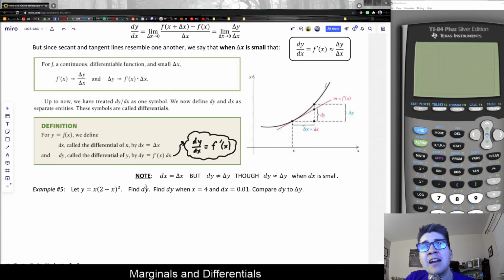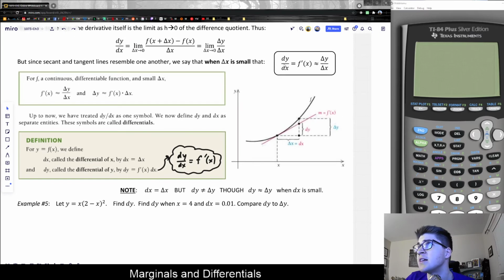Summarizing this in a note: delta x and dx mean the same thing, but delta y and dy are not the same thing. Though, using this idea over here, since dx and delta x mean exactly the same thing, we could conclude that dy is approximately equal to delta y. By looking at the graph, notice that dy is a particular height value that's pretty close to delta y.